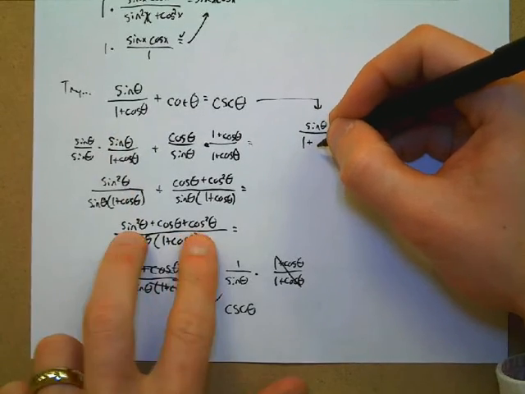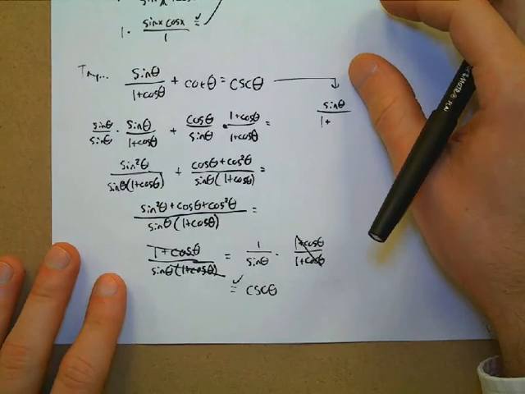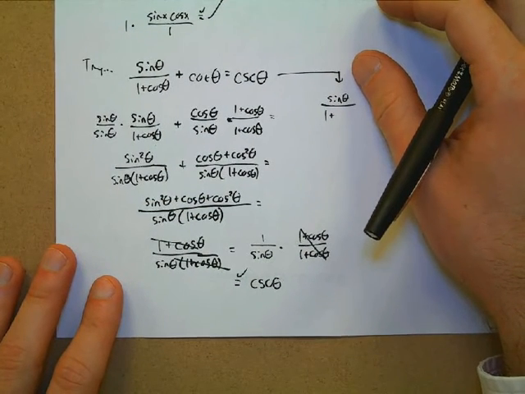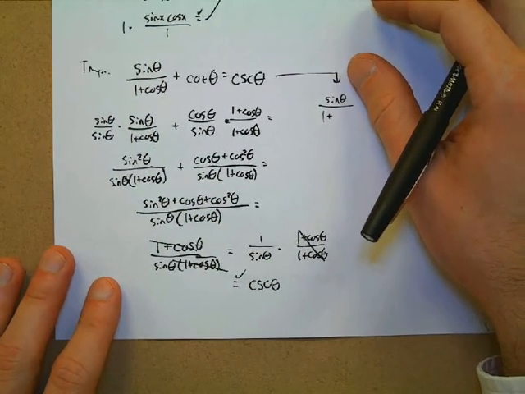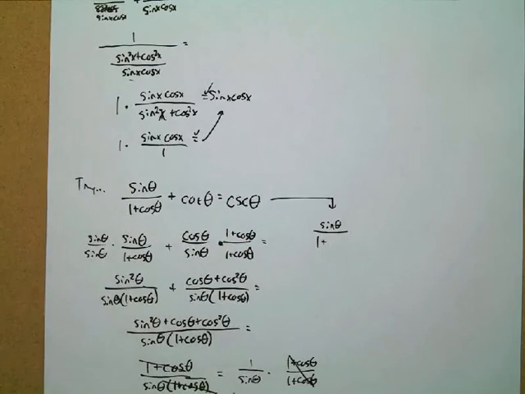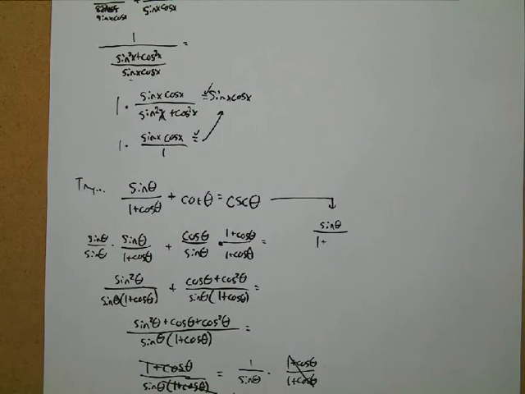Okay. So just one other idea here real quick I want to show you. This right here, sine theta over 1 plus cosine theta, we could multiply that by 1 minus cosine theta over 1 minus cosine theta, and still have the plus cotangent there. Again, this is an alternative method, alternative strategy. Sine times 1, sine times minus cosine.